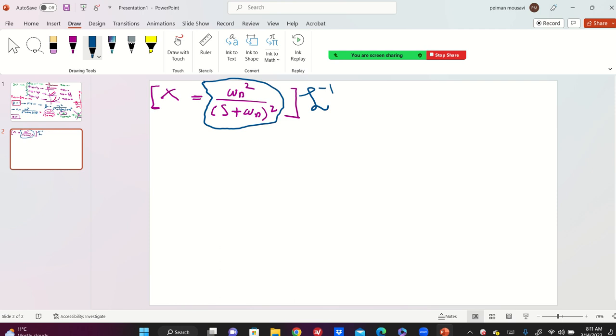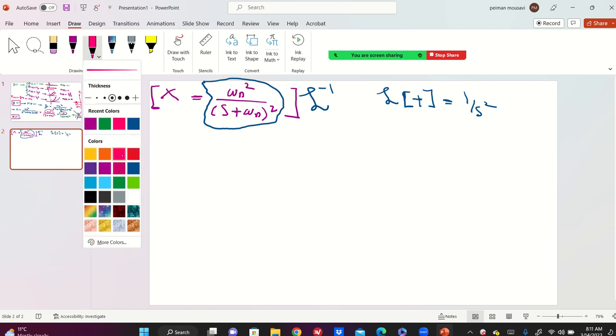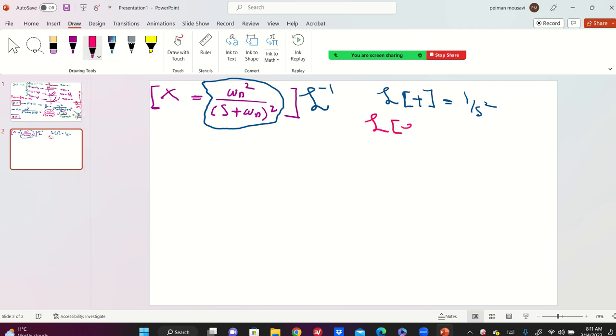So remember that Laplace of t was 1 over s squared. And I told you that Laplace of e minus at times f of t, you have in your notes, is F of s plus a.